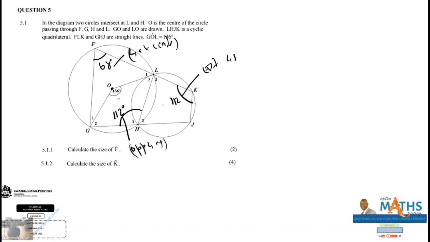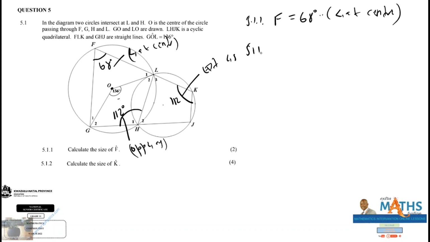It means I can just say 5.1.1, we wanted to calculate the size of angle F, and we can notice that angle F is equal to 68 degrees. Why? Because it's an angle at center. That's how we're going to get those 2 marks.